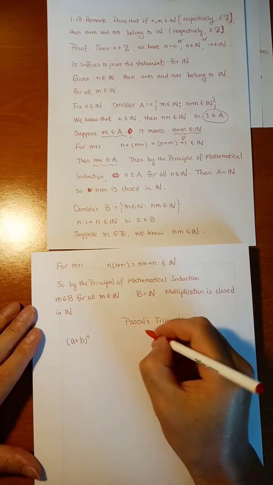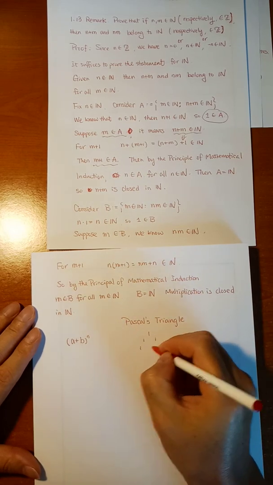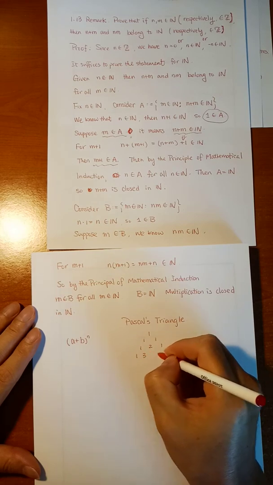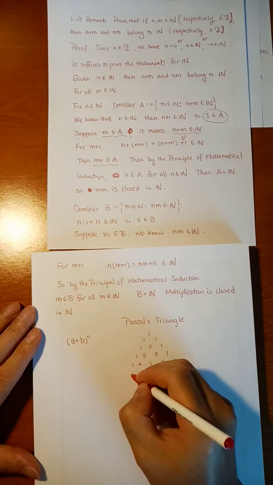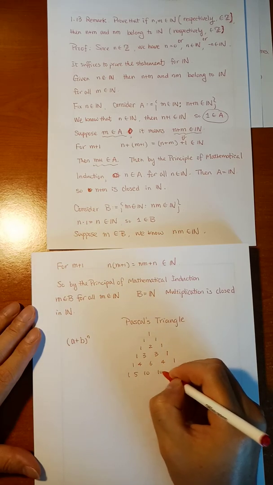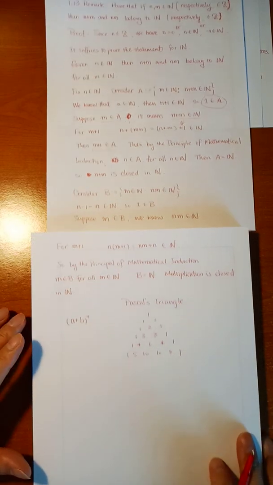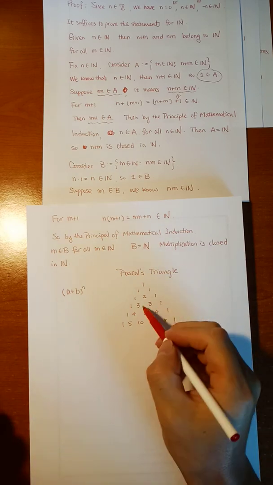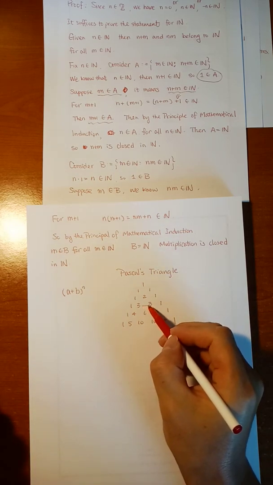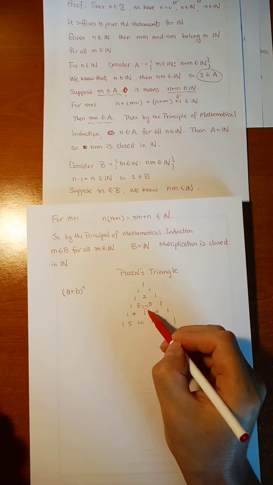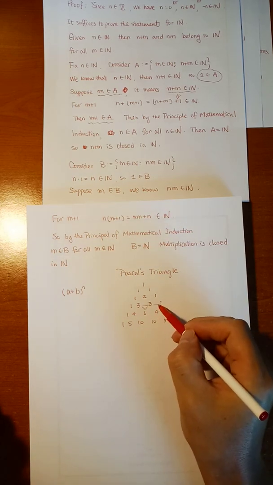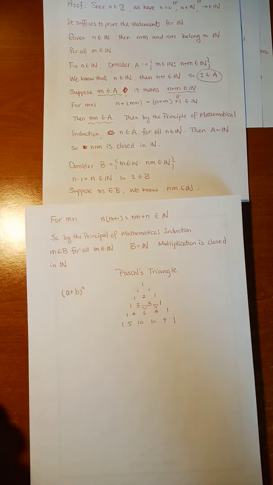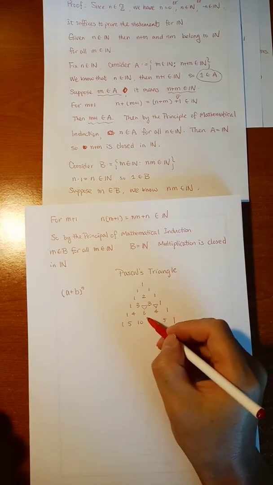This is a well-known triangle. You can write more and more. The pattern is that the sum of every two adjacent numbers is the number in the next line. You always get this.